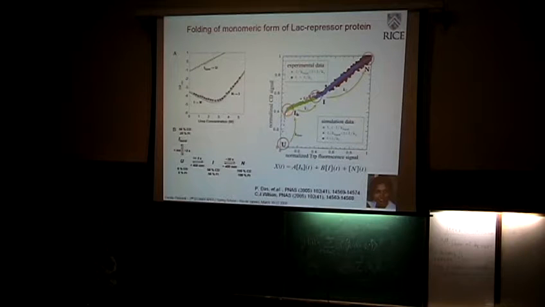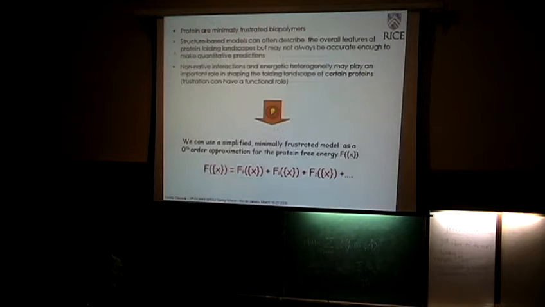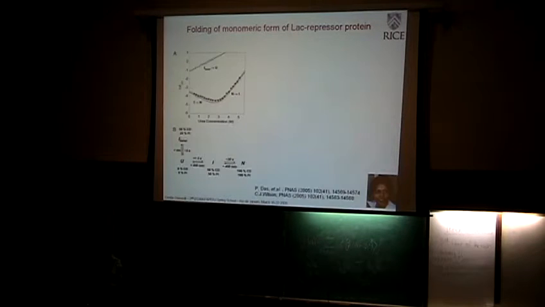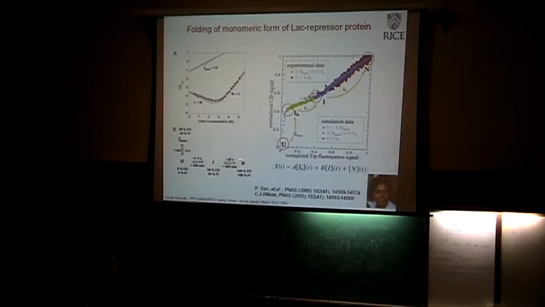But then, what is resolved in this time scale T1, when the experiment starts to detect something, is the depopulation of this region here and the movement of the protein toward this part here. And then there is the intermediate, and then it goes on.